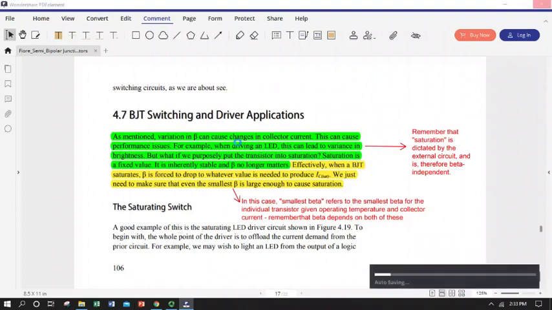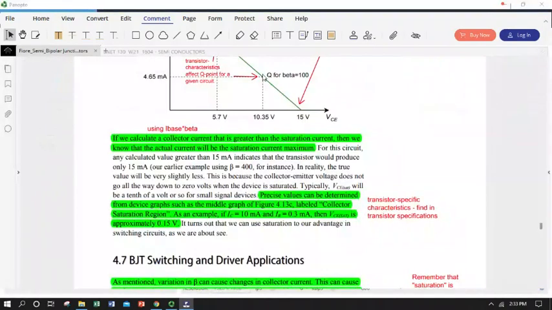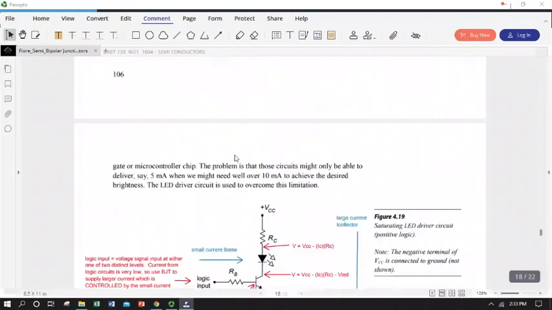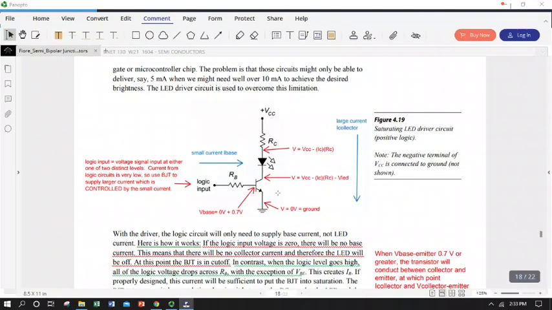We're going straight up to saturation where the external circuit is what is controlling. In that case, basically the transistor turns on all the way up to IC sat or it's off. That's very useful if we need to control current in an on-off manner, known as a saturating switch. Okay, so here's an example of one.